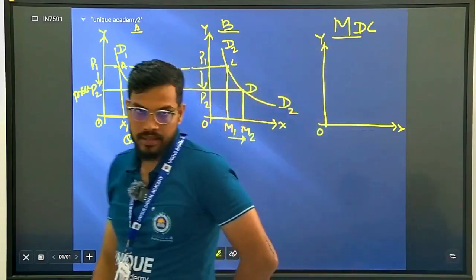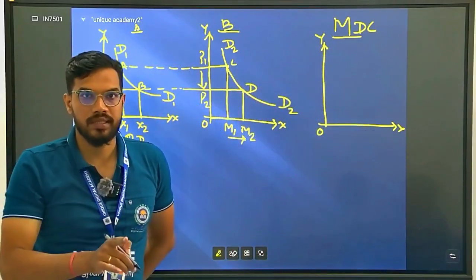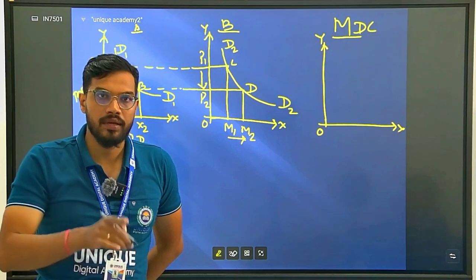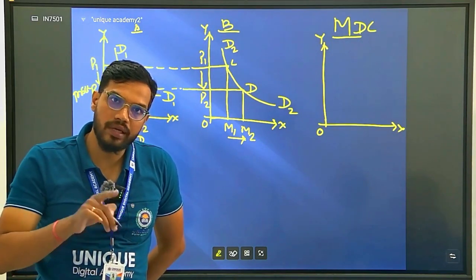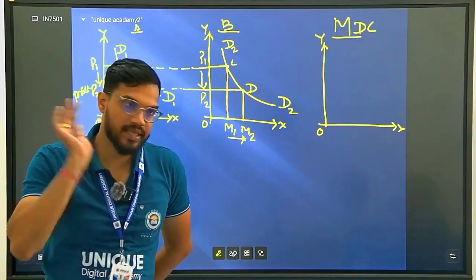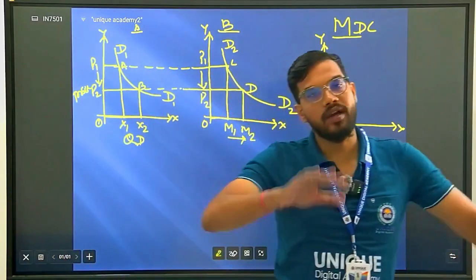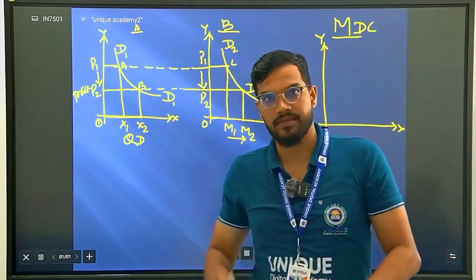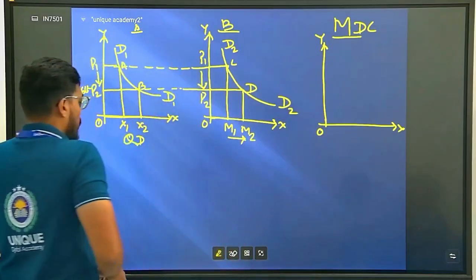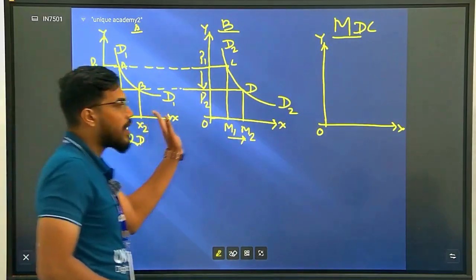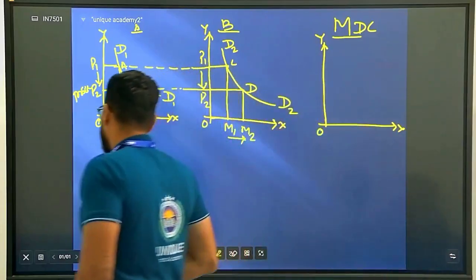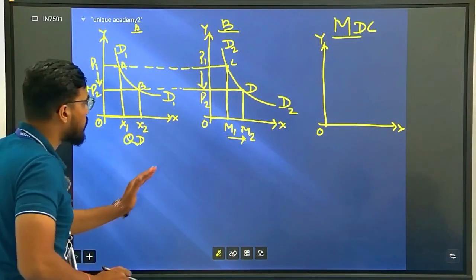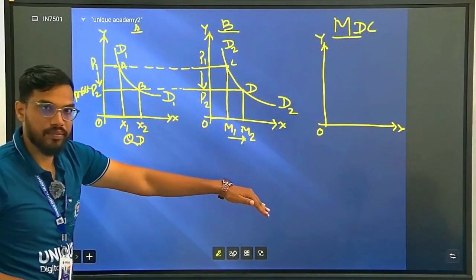Total demand for a product in a market at a given time and at a given price by all the consumers present in that market. So, we add the demand of individual A with the demand of individual B.